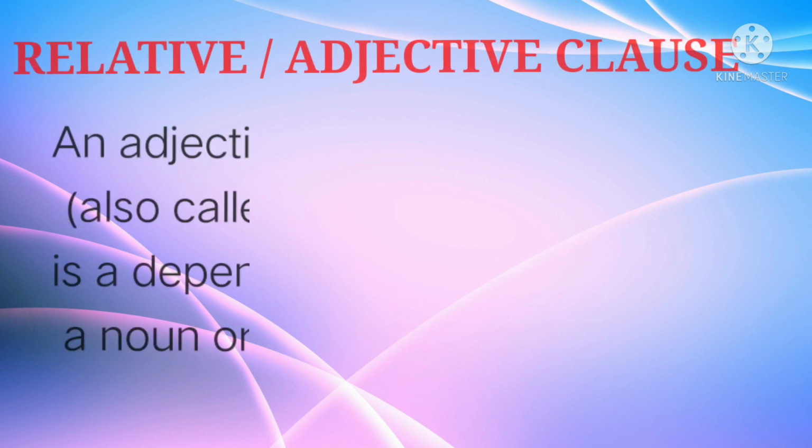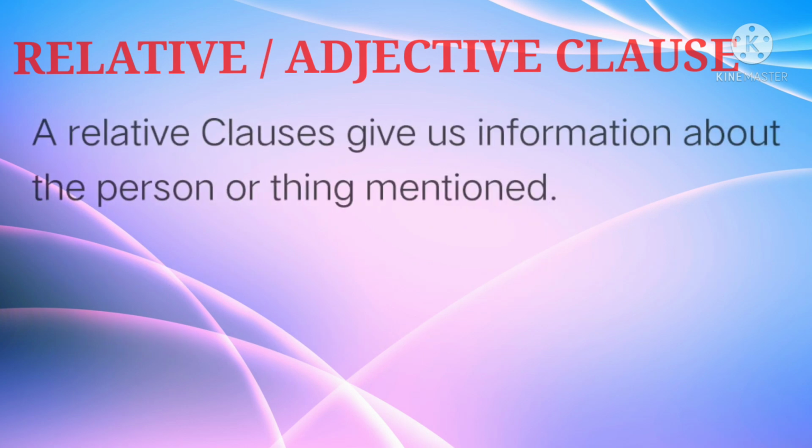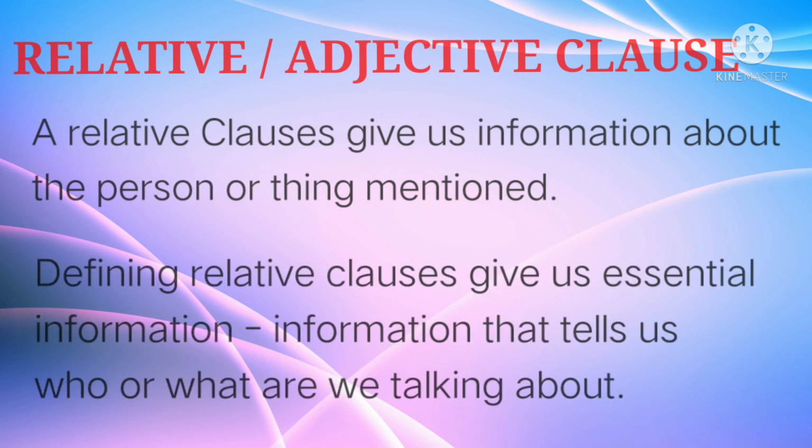Relative or adjective clauses. An adjective clause, also called a relative clause, is a dependent clause that modifies a noun or pronoun. A relative clause gives us information about a person or thing mentioned. A defining relative clause gives us essential information that tells us who or what we are talking about.